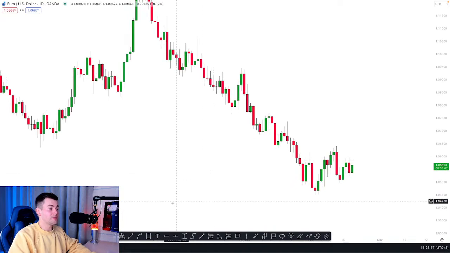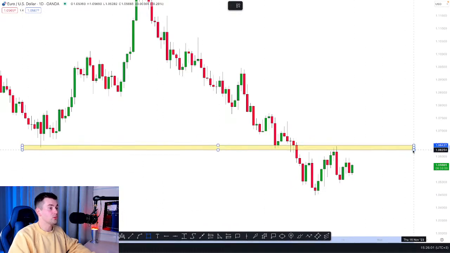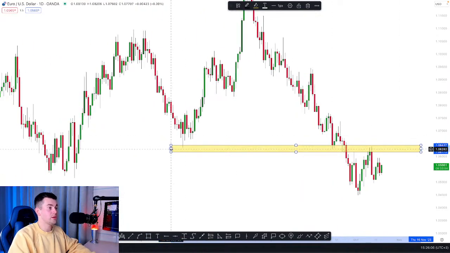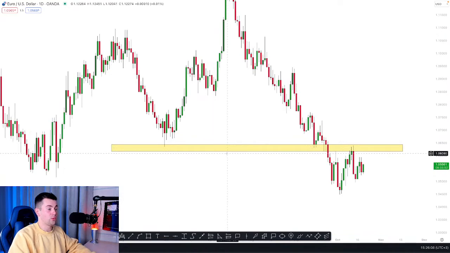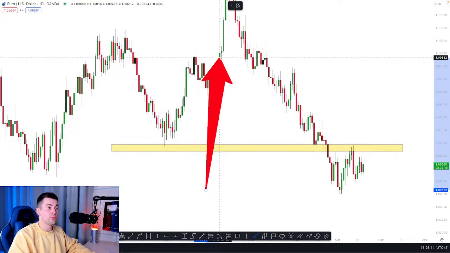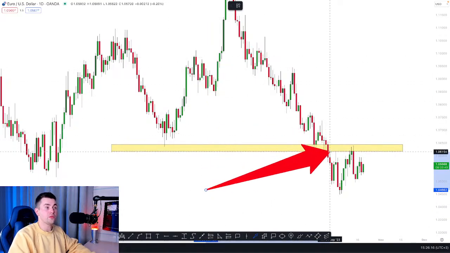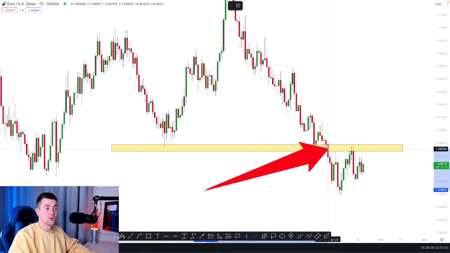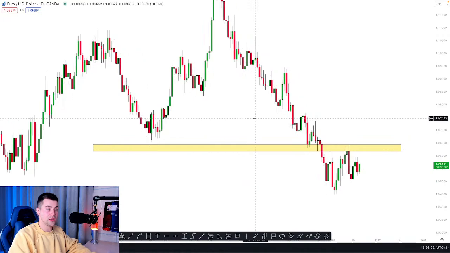Then if we analyze the chart, we can spot a very significant horizontal structure resistance right here. Take a look, traders. That structure here is phenomenally important, and you can see that in the past it was a very strong support from where a strong bullish wave initiated, and after the breakout it turned into a very strong resistance from where we saw strong bearish reactions.